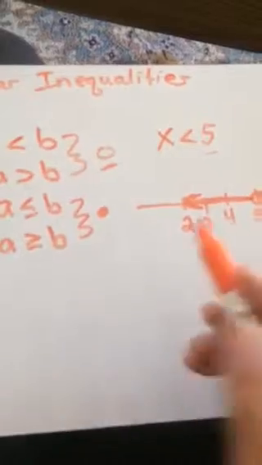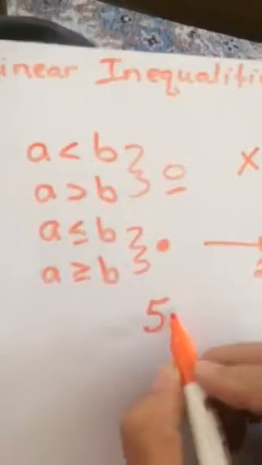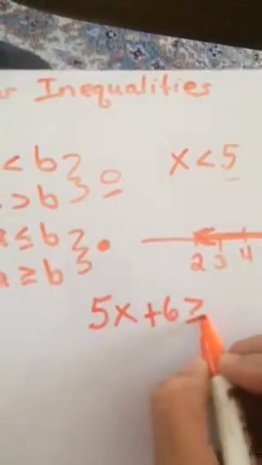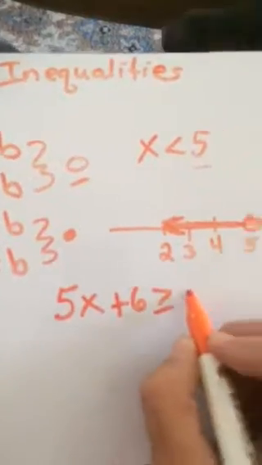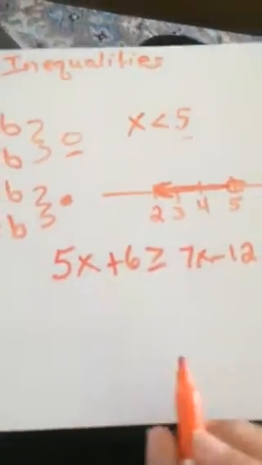Now you're going to have some equations you're going to be solving to find inequalities, and then some of them they're going to have you graph. So if we have 5x plus 6 is greater than or equal to 7x minus 12.